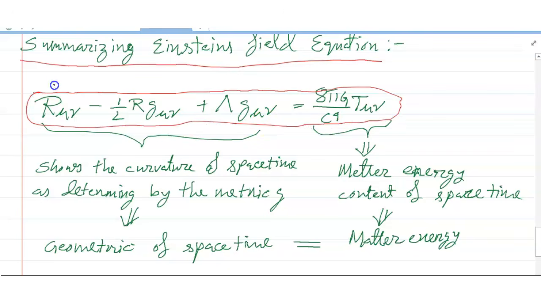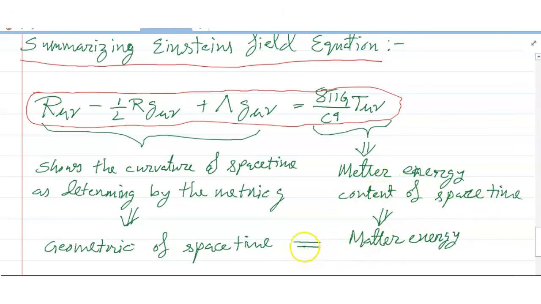R mu nu minus half R g mu nu plus lambda g mu nu, and 8 pi G by c to the power 4 T mu nu. The left side shows the curvature of space time as determined by the metric, and this is the geometry of space time, and it is equal to the matter energy content of space time.